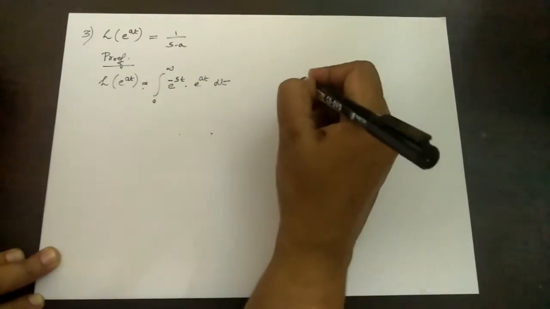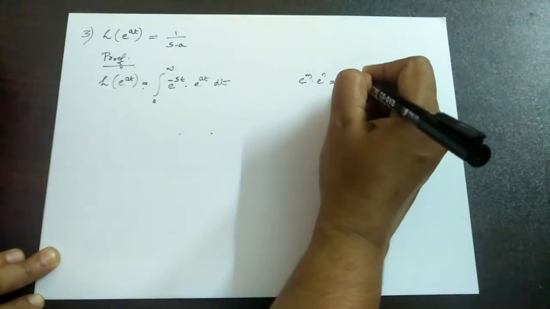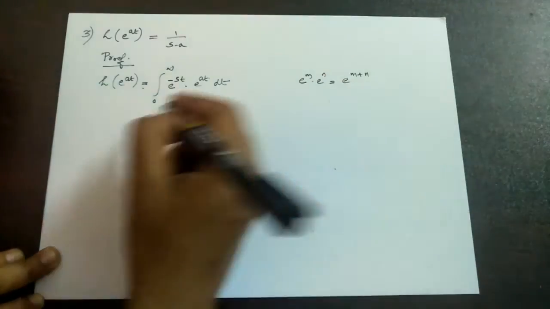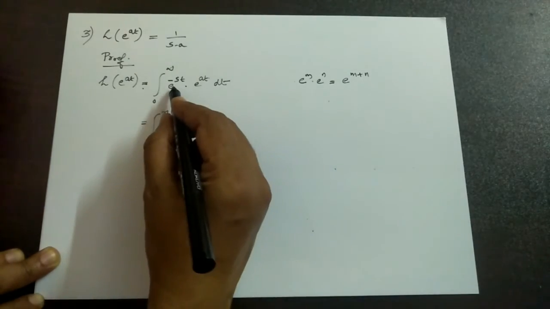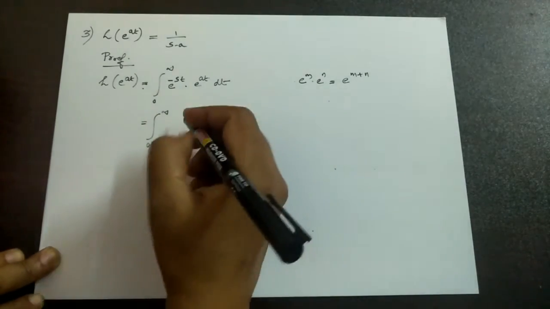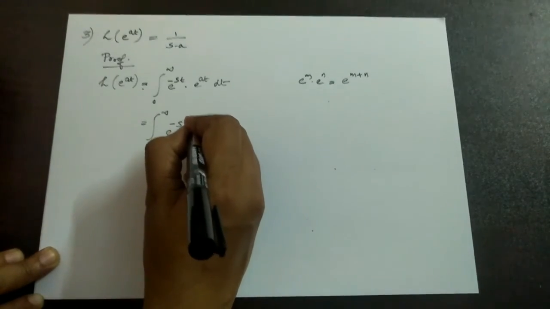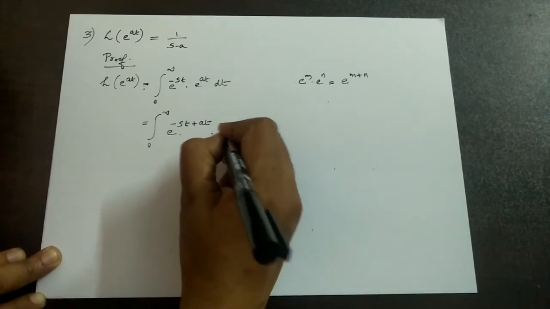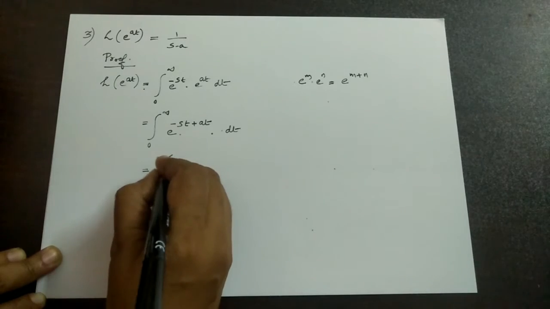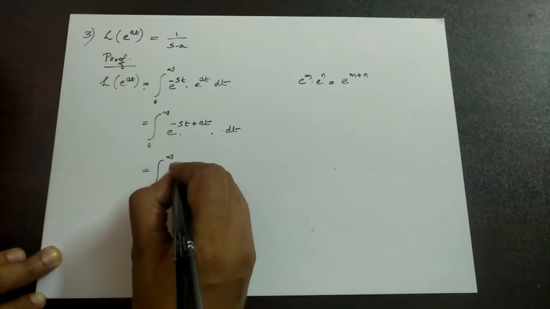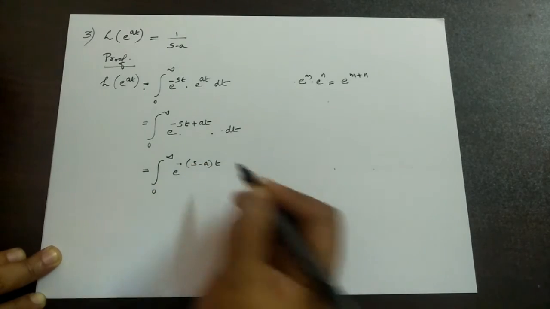Again, this e raised to m into e raised to n can be written as e raised to m plus n. By using that formula, we can write e raised to minus st into e raised to at as e raised to minus st plus at into dt, which is again equal to integral from 0 to infinity e raised to minus of s minus a of t.